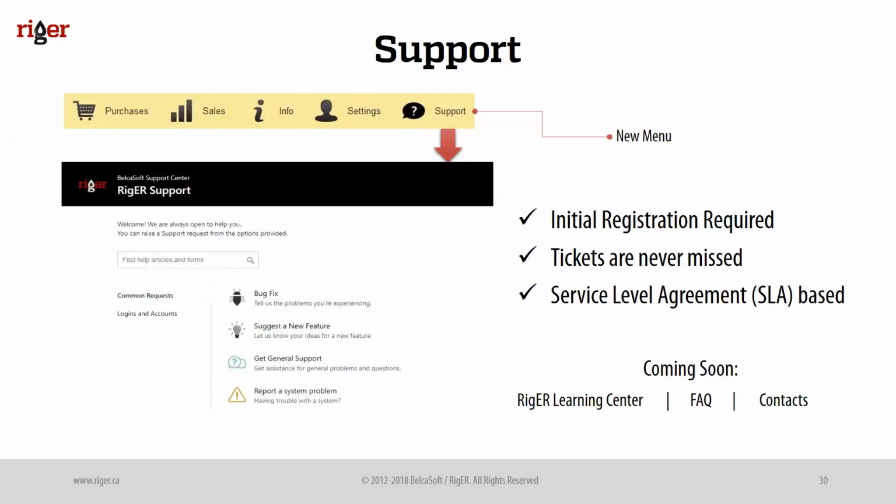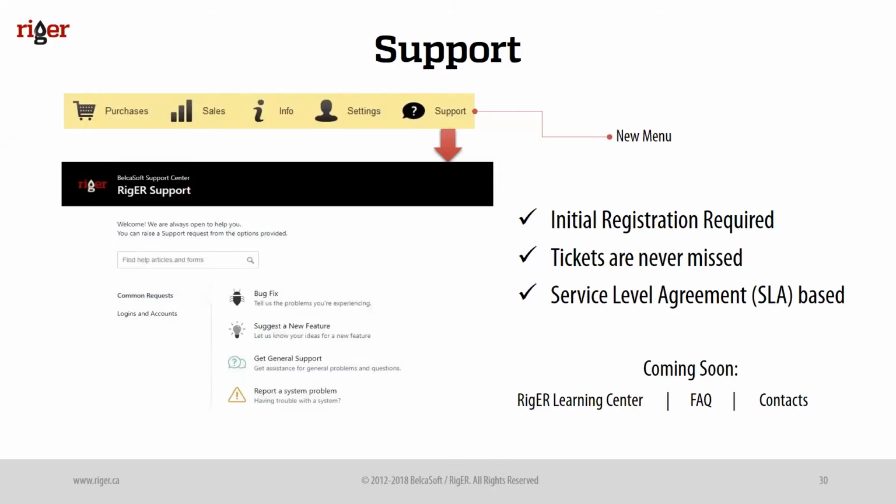The most beneficial point of this tool is that tickets are never missed, because they are stored in our cloud storage. Everyone in the support team and the developers have access to this system, so they are able to respond to you quickly. And we align our support portal and support process with our service level agreement.